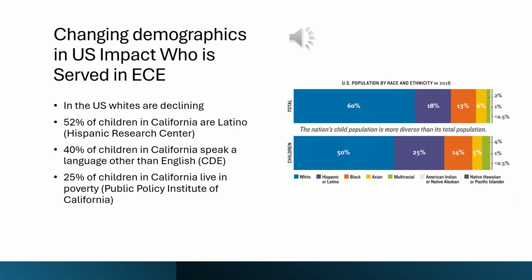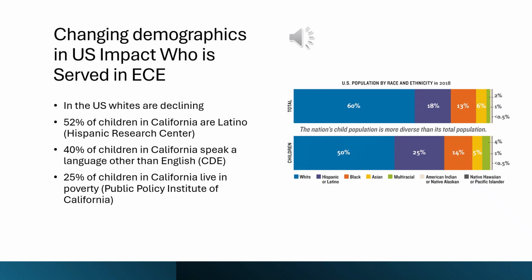So I kind of alluded to this before, but I just wanted to make very clear that it's important for us to think about how to serve everyone, not just certain groups of children, because that's who we are in the United States. We are a diverse group of people, and over time we're becoming actually more diverse.